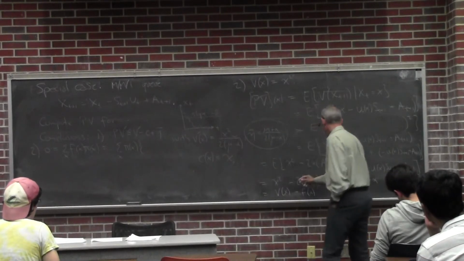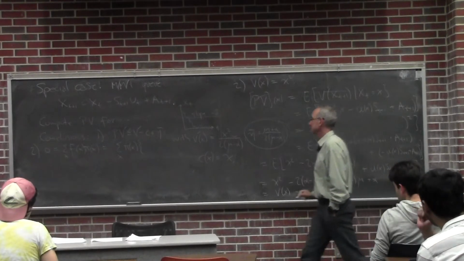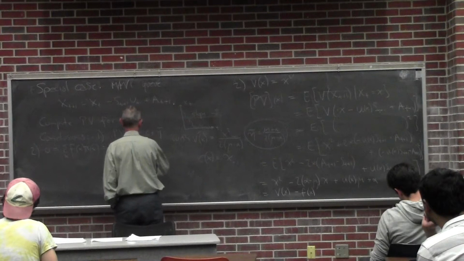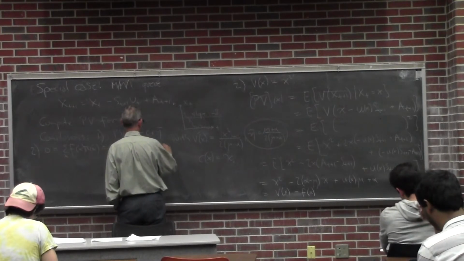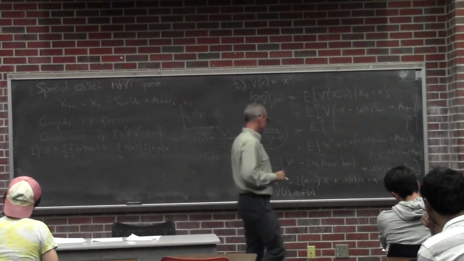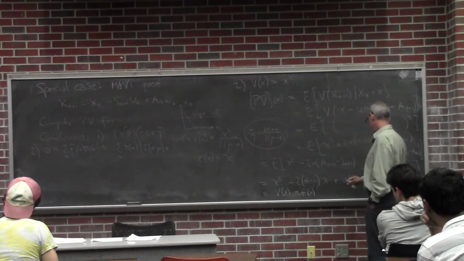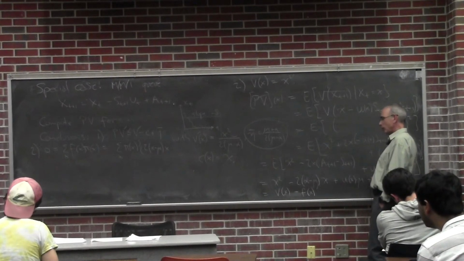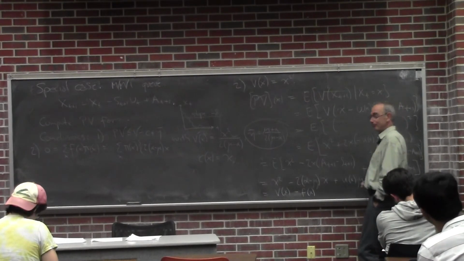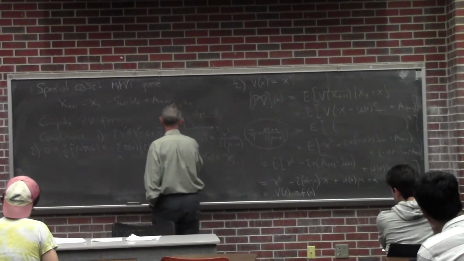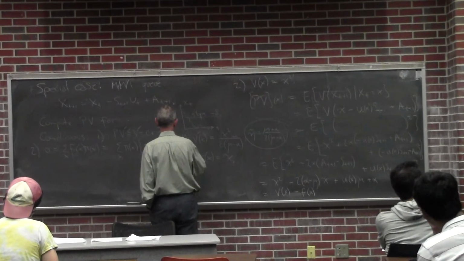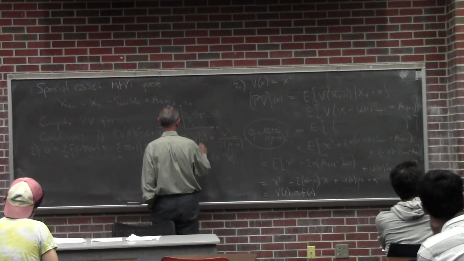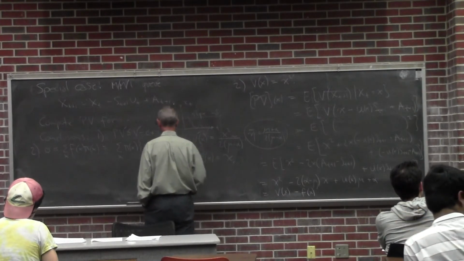So I've got my 2 alpha minus mu x. And then I've got my u of x, or minus these terms, because this is minus f. Right?